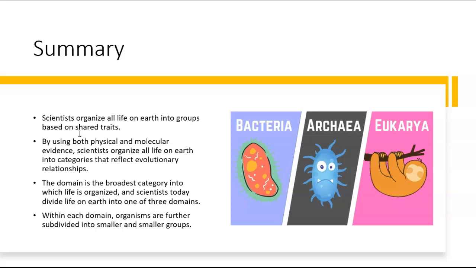We also do amino acid sequencing so that we can look at the molecular level to see how organisms are related. The broadest category is the domain. There are 3 domains on Earth, and here's a little picture of them: bacteria, archaea, and eukarya. And then these are divided into smaller and smaller groups all the way down to the species.